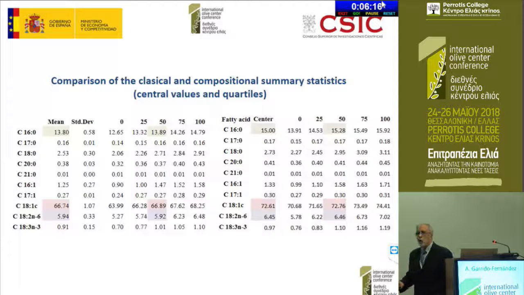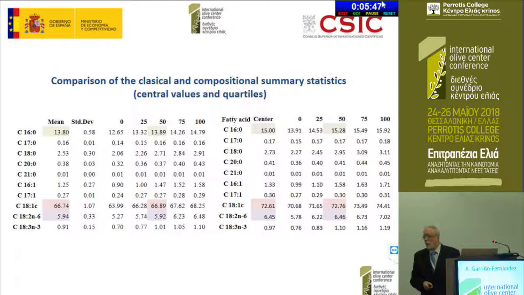The center is just the geometric mean of the composition. And obviously it's different to the mean. This is the center of the table, the composition I told you before, and this is the average, the mean. They are completely different.